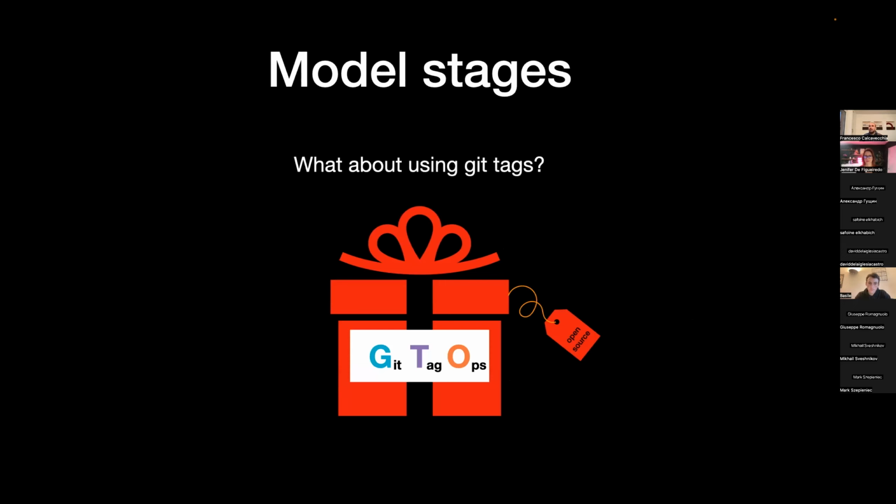If you think about using Git, one rather obvious option would be to use Git tags to manage them. So maybe you have a tag that signifies that a certain commit contains the model in the staging stage or in the dev stage or prod stage, and then you can change them and so on and so forth.